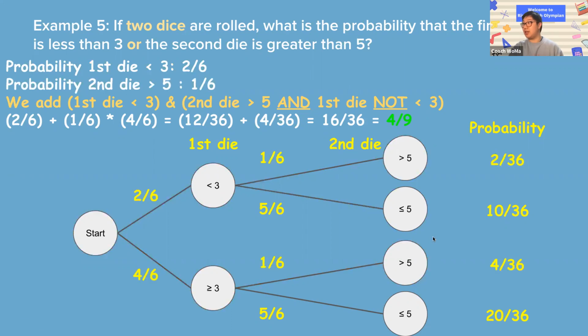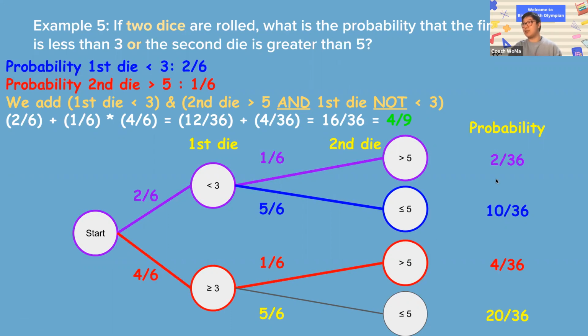So really, all we're asking is we want to add all 3 of these probabilities and just not this probability. And that's why this works: you're adding all of this first event, and then if the first event doesn't succeed, but your second event succeeds. So that's why the formula is like this.